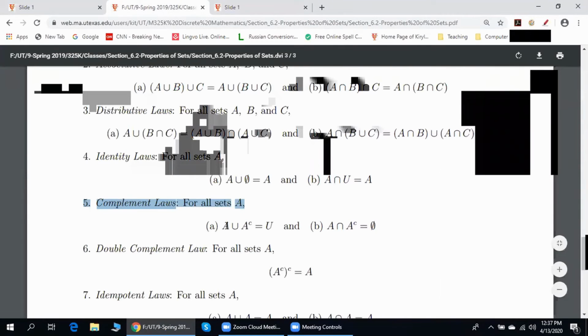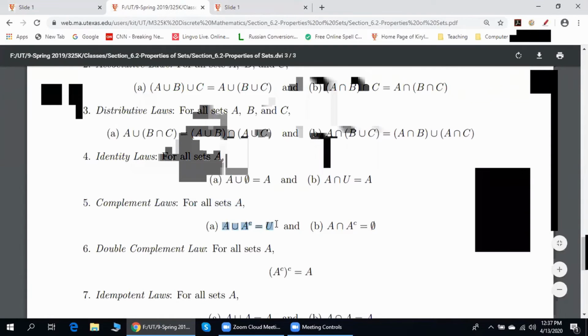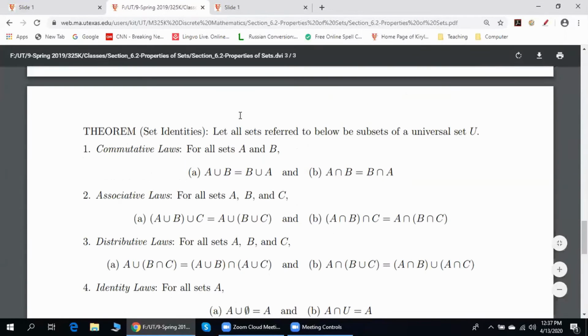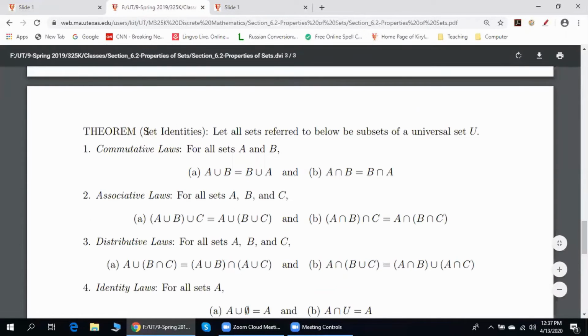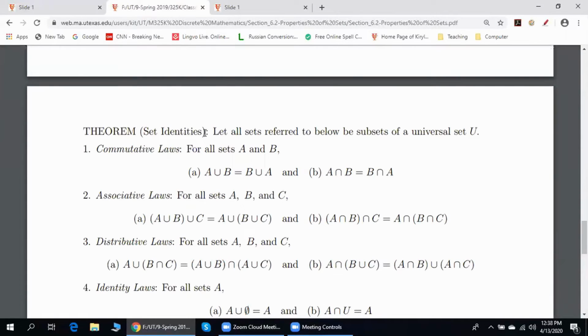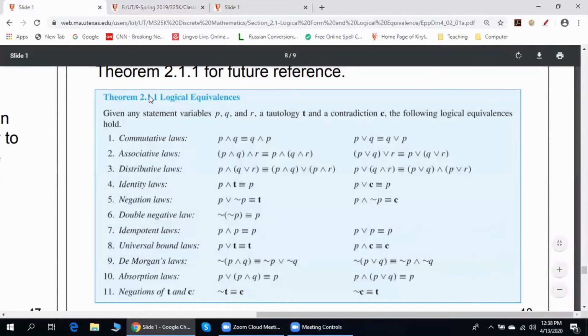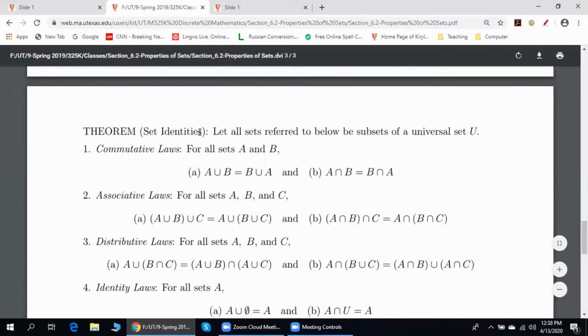I guess so, but why are you doing it in terms of Boolean algebra? What's the reasoning for doing Boolean algebra in this case? The reason is the following. We see similarities between logical equivalences and set identities. We're trying to explain why logical equivalences look like set identities.